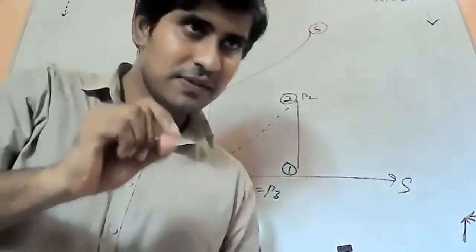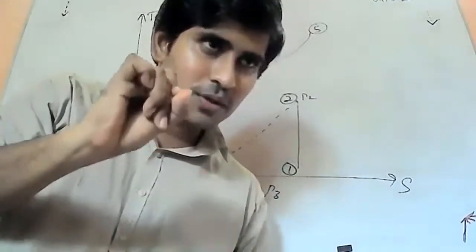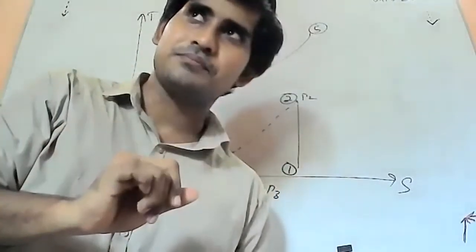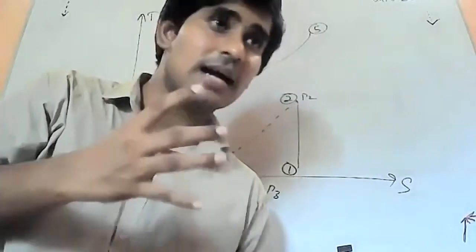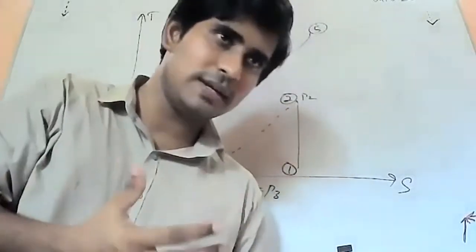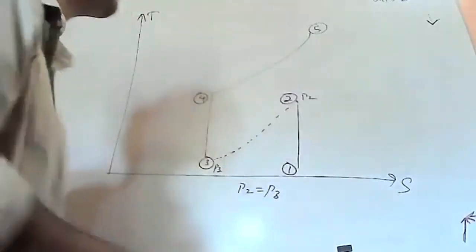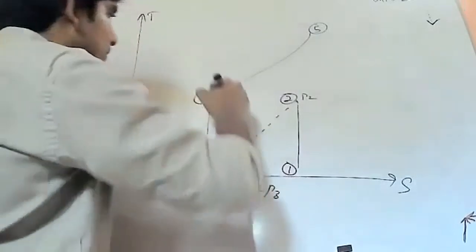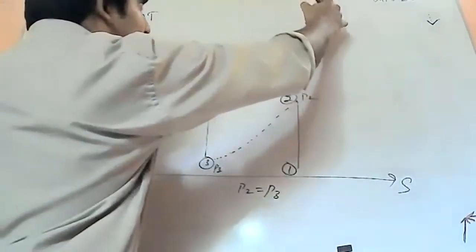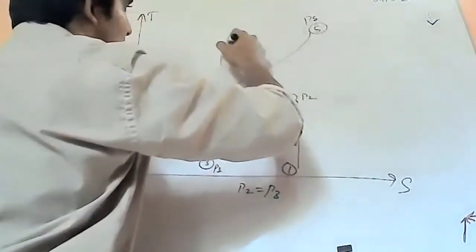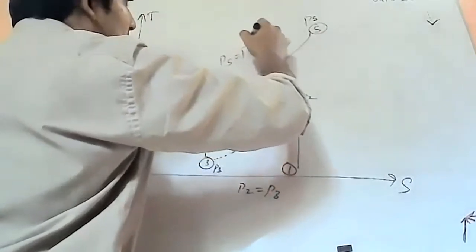Guys, what is position 5? That is the starting position, so you can call it the starting position of the first turbine. This heating occurs at the same pressure. That means P5 pressure is the same as P4 pressure.